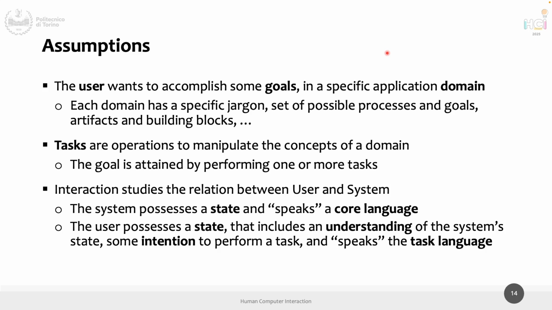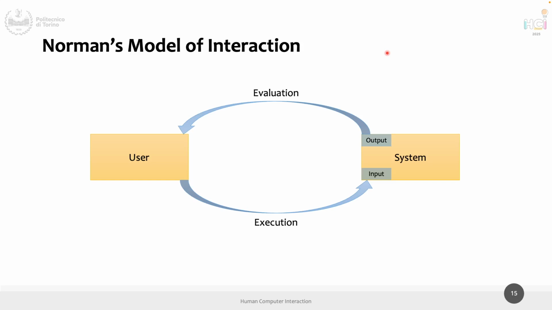I want to book an exam. That's my goal, that's my language. And the system is its own, created by developers. So we have these two entities, each one with a state of the world, and each one speaking their own language. And the user also has an understanding of the system state.